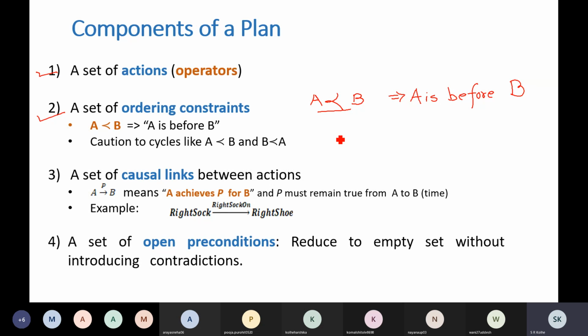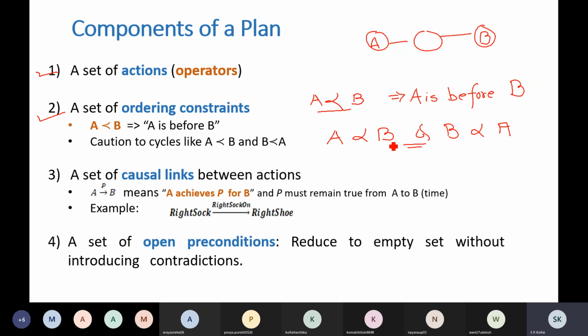So here you should be careful about cycles. Like if A comes before B and B comes before A, then that will result in a cycle. Again, understand, A comes before B. For example, somewhere we have A and somewhere we have B out here.